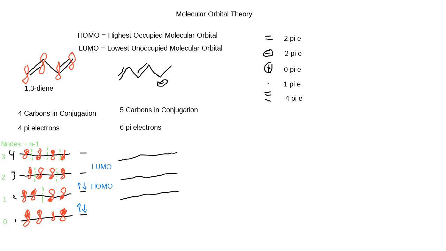I'm not going to draw in all the nodes for the rest of these, but I am going to draw the electrons for the second structure. So I'm going to draw 5 lines this time because of 5 carbons in conjugation.